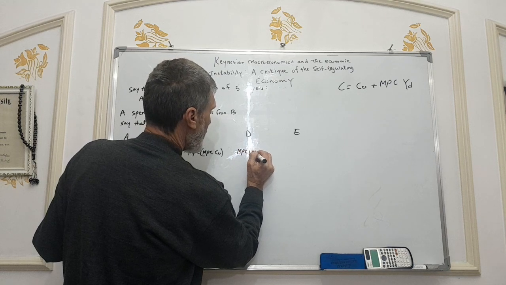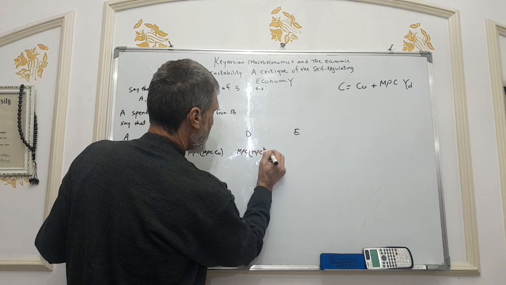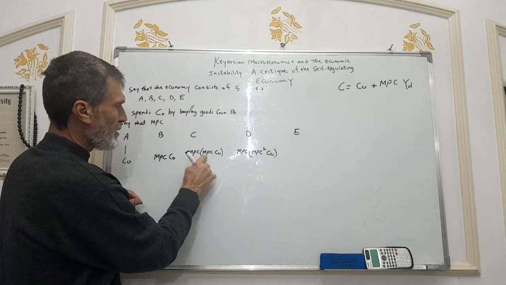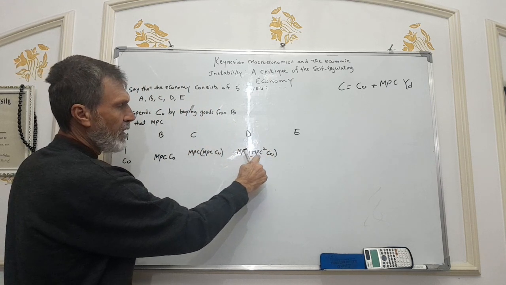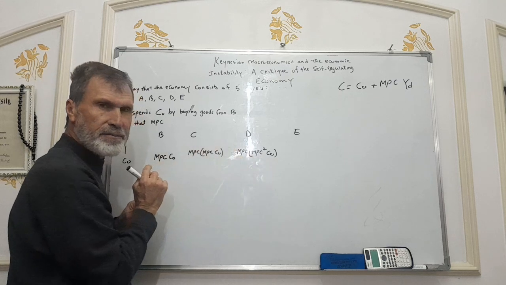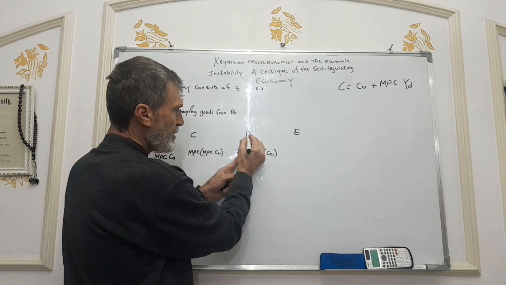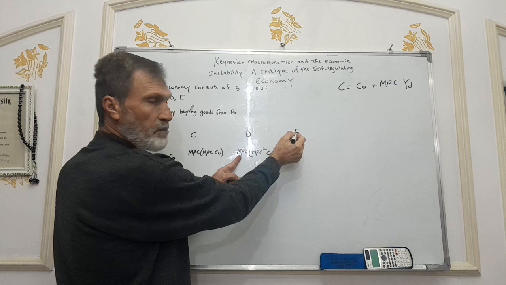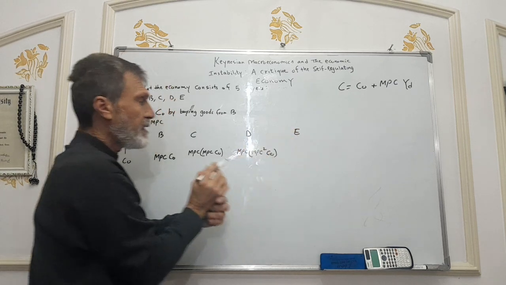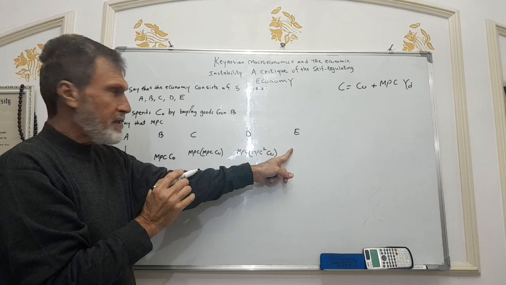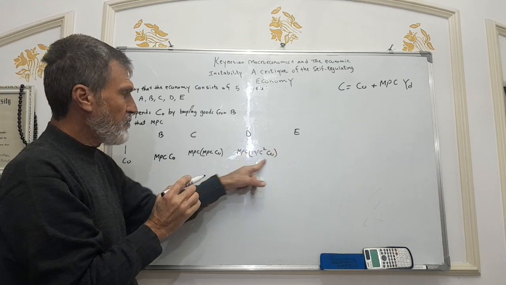of MPC squared C0. MPC times MPC, MPC squared. So this person will spend MPC of this amount. This amount that D spends by purchasing goods from individual E will become an income. And E will spend what? He will spend MPC of that income.